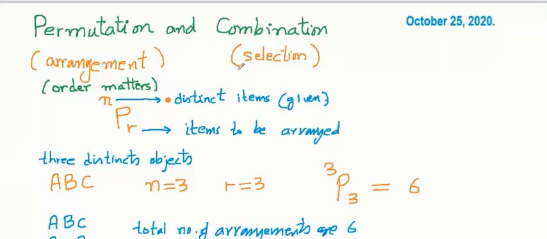And in selection, if there are three objects A, B, C, and we selected A and B, either we select A and B or we select B and A, it is actually the same selection. So it will not be counted as two different selections. So here order does not matter, and the selection will be the same even if it's in a different order.